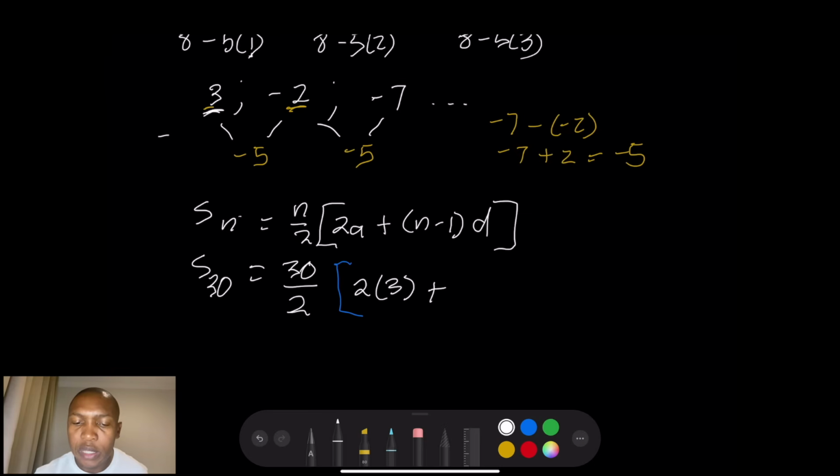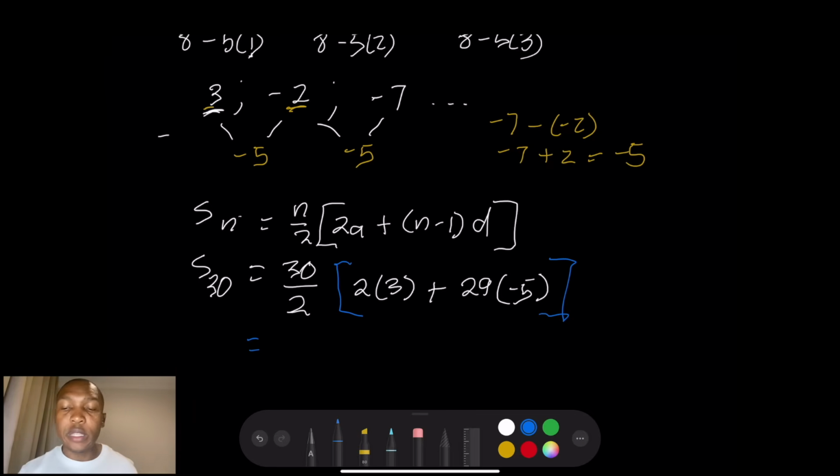Remember, n is 30, so that's 29 multiplied by, in this case, negative 5 as our common difference. And we close that bracket.